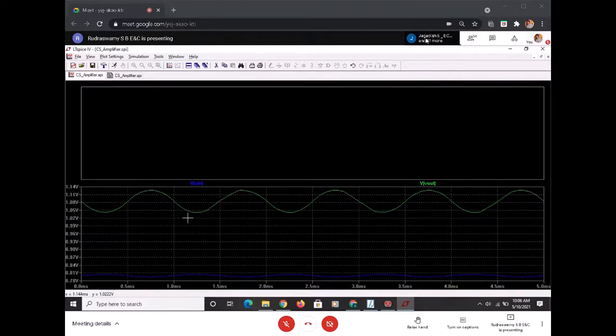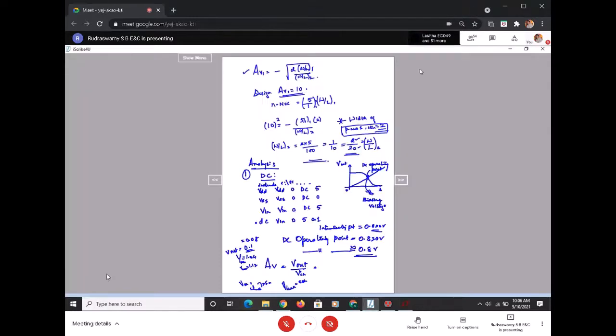Here it will be a 0.01 difference because I'm having 0.005 as the input, so the peak to peak becomes 0.01. Finally, V out is 0.1 divided by V in, which is 0.01. If I do that, 0.1 divided by 0.01 is almost 10.